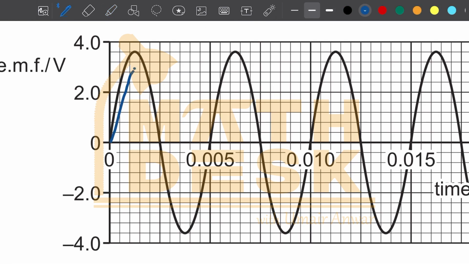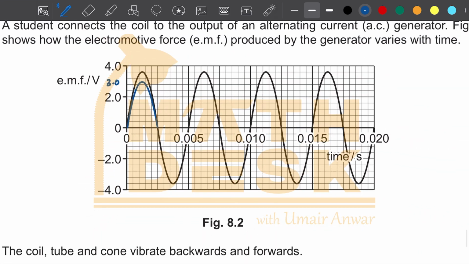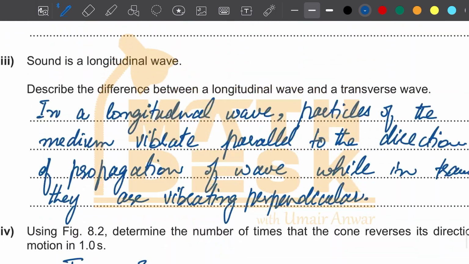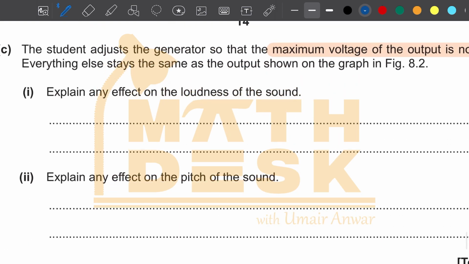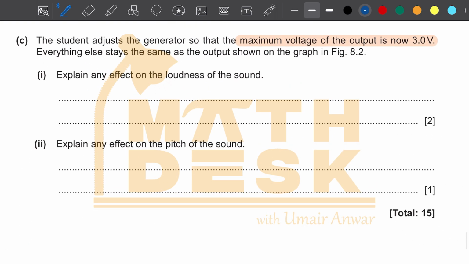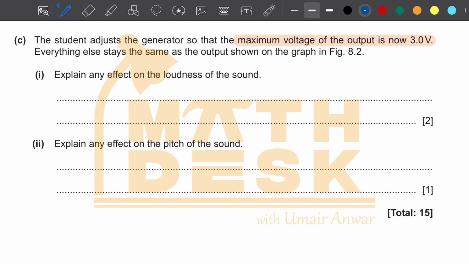So the new pattern for the wave would be like this. So we have a wave whose amplitude is 3 volts now, and the amplitude has decreased a little. So the decrement in the amplitude shows that there is decrease in the energy, and when there is decrease in the energy, the loudness decreases.